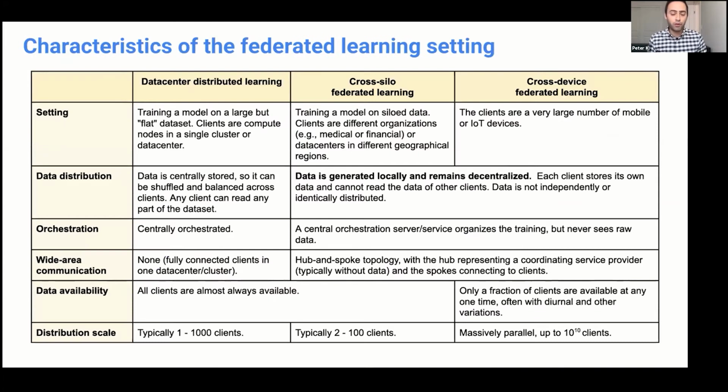Now, in the past, I've heard that this beautiful setting of federated learning resembles distributed machine learning, and it does have some overlap with classical distributed machine learning that perhaps a lot of us are used to. But there are some very important differences that I would like to emphasize. First of all, in distributed machine learning, the data is all placed in one location on the cloud, and the data is shuffled and then partitioned into multiple sets and submitted as jobs to a number of workers.